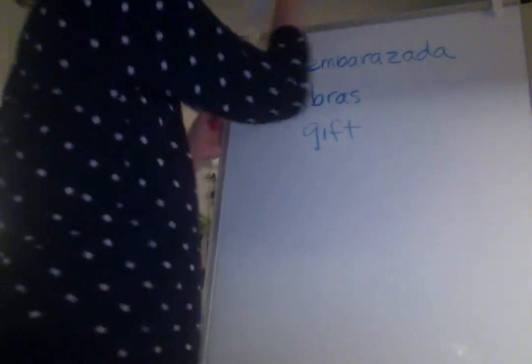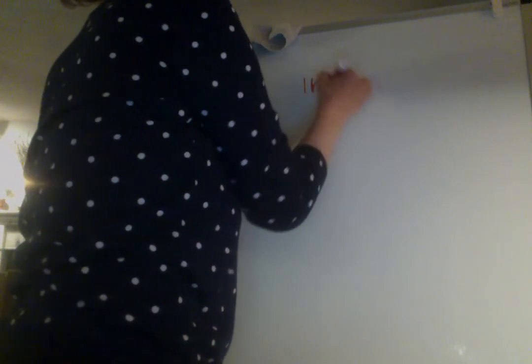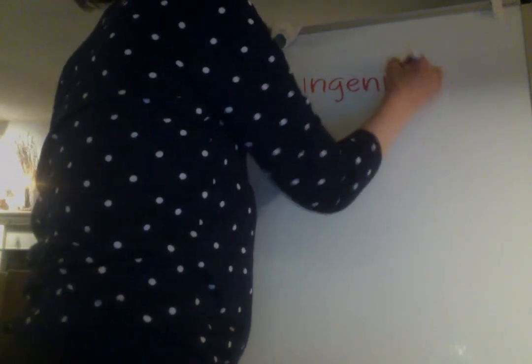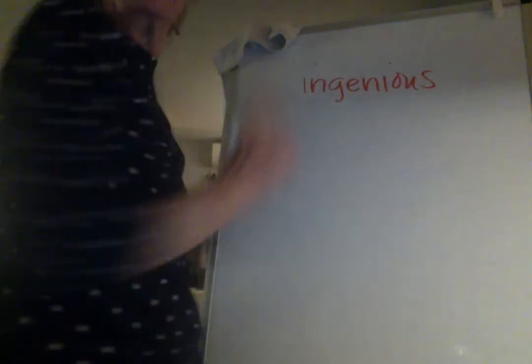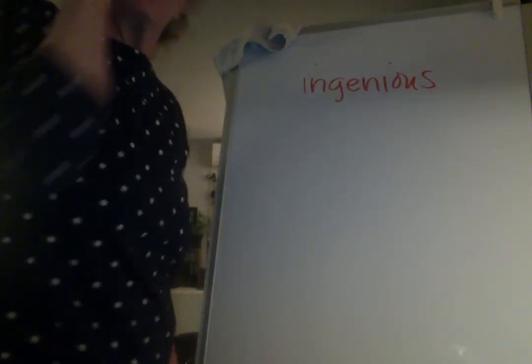Let's skip the first one and go down to the second one, ingenious. Let's see what we can do with that. If we think about the word ingenious, what word do you see in there?